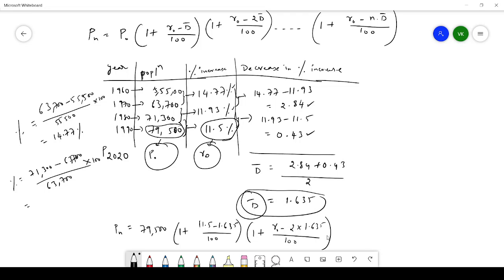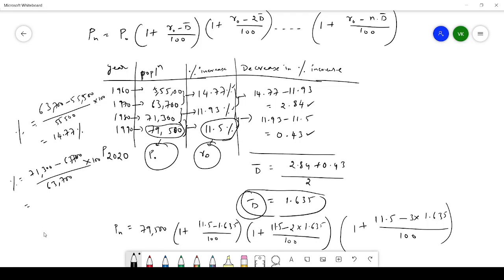How many terms do we have to write? We have to write 3 terms, because between 1990 and 2020 you will have 3 decades. So you have to write the third term, 1 plus (R naught, meaning 11.5 percent, minus 3 times 1.635) divided by 100.